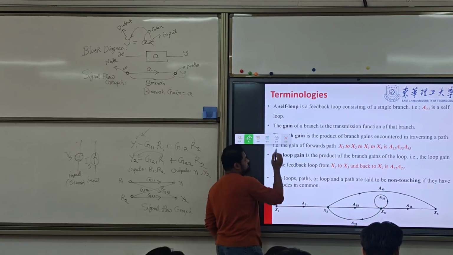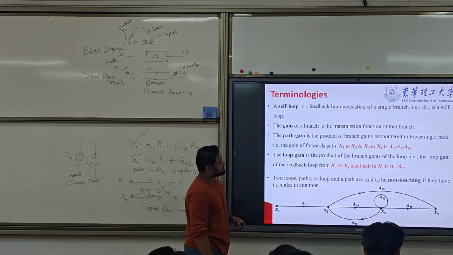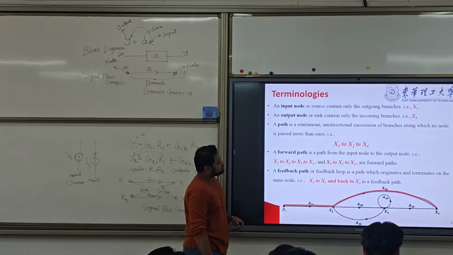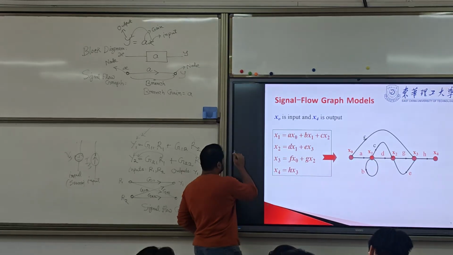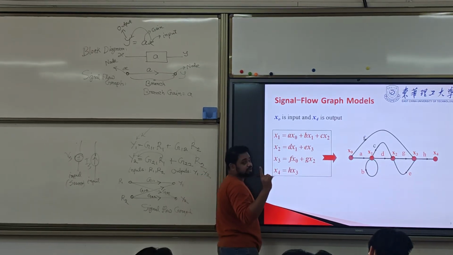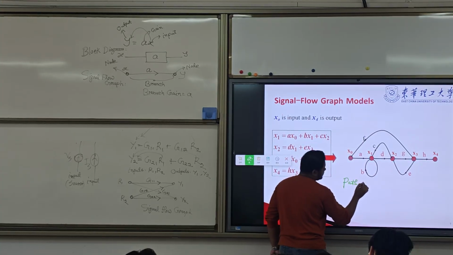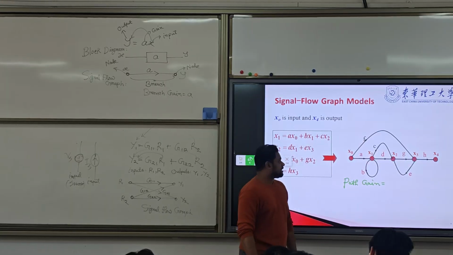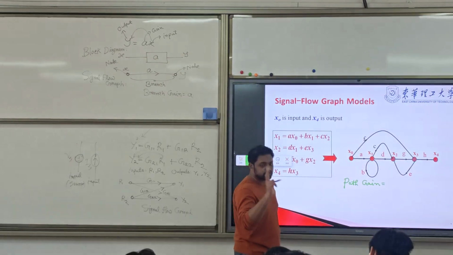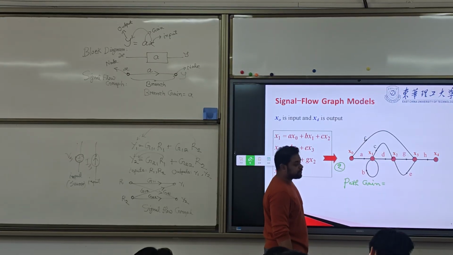So we need to find out if there are two loops in any example. Let's see. First of all, here we will find out the path gain for this example. How many paths? 2 paths. So what is the first one?